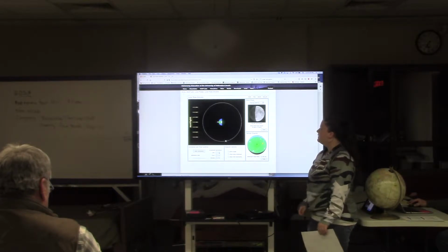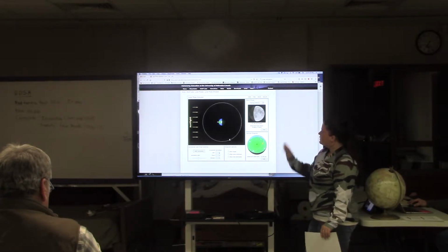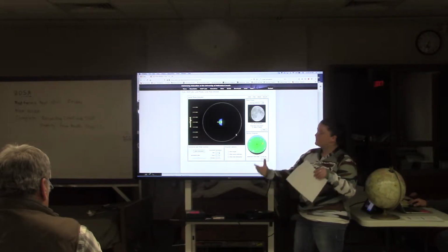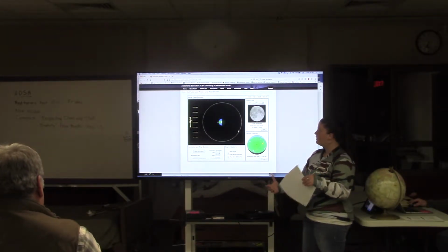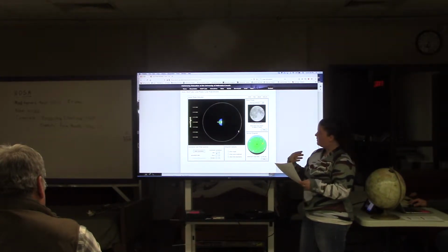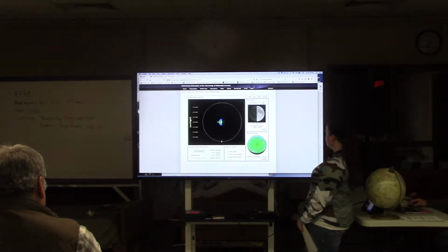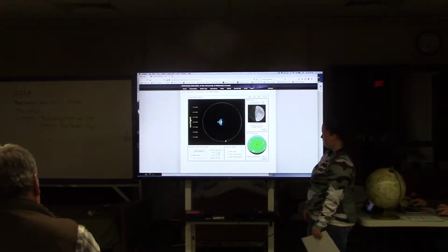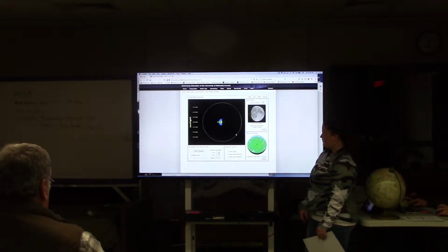So you want to go day by day now? You can see as the days go by, with the waxing gibbous, you can see more of the moon from what we can see. Hang on, I forgot how many clicks I was. All right, so that's 1 click from the first quarter, 2 clicks, 3, 4, 5, 6, 7 clicks.